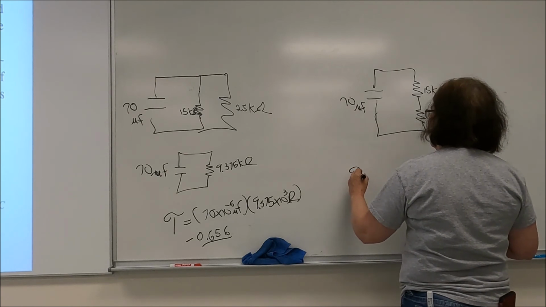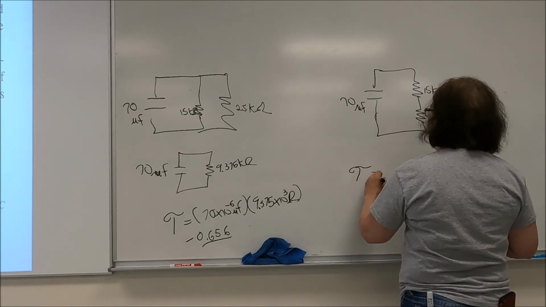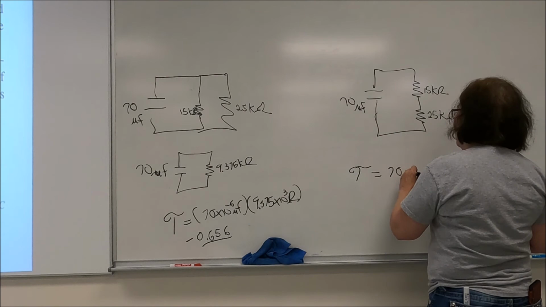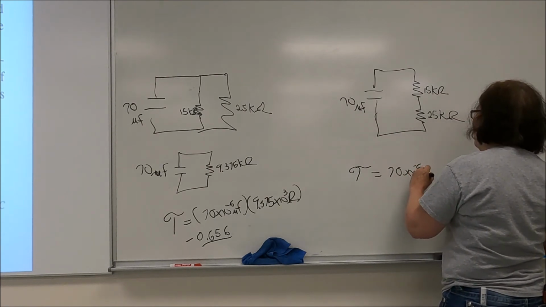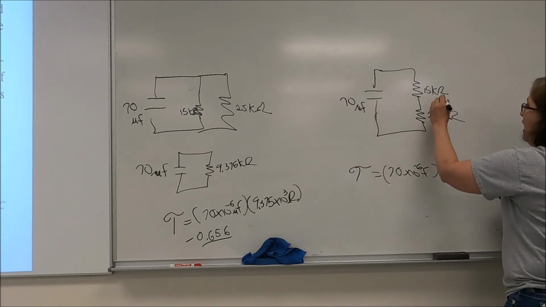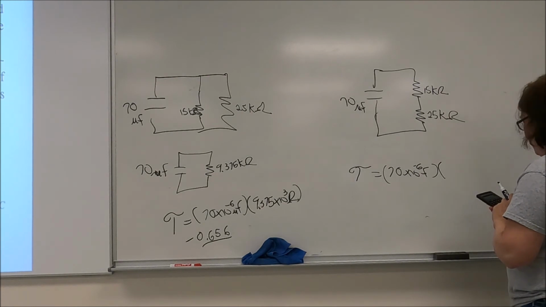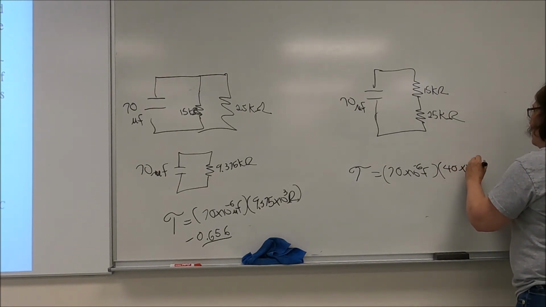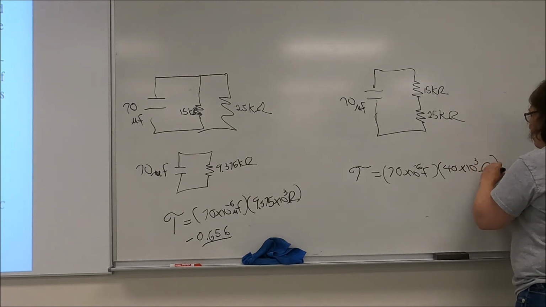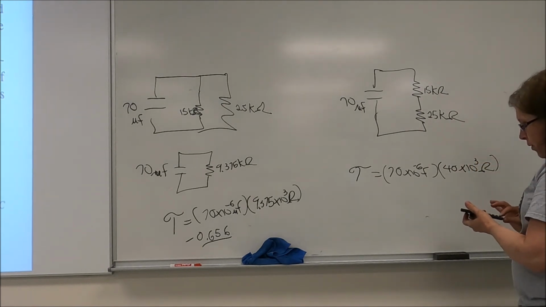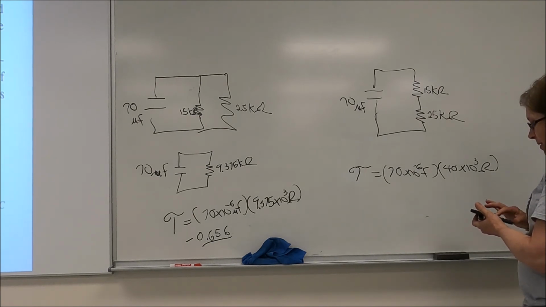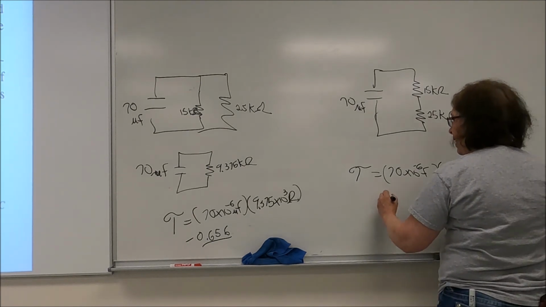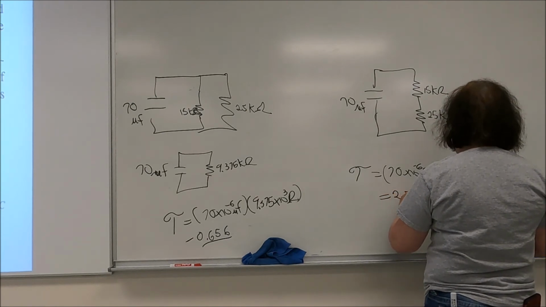Here, tau would be 70 times 10 to the minus 6 farads, and 15 plus 25 is 40, so 40 times 10 to the 3 ohms. So 40 times 10 to the 3 times 70 times 10 to the negative 6, and I get a tau of 2.8.